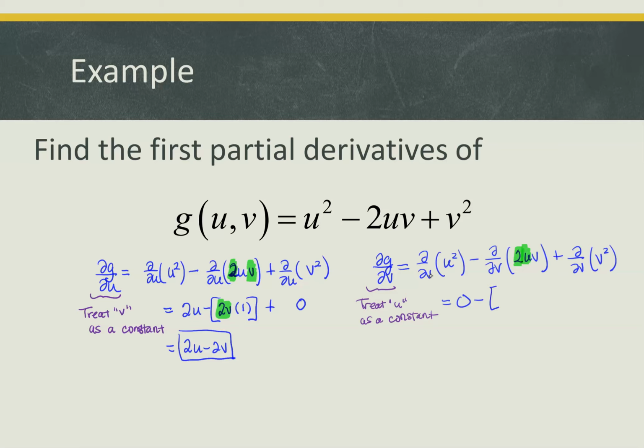So I'm going to have my constant 2u, and then I'm left to take the partial derivative with respect to v of v, and that is 1, plus, and now the partial derivative with respect to v of v squared. Well, that's going to be 2v. So our partial derivative with respect to v of the function g is negative 2u plus 2v.